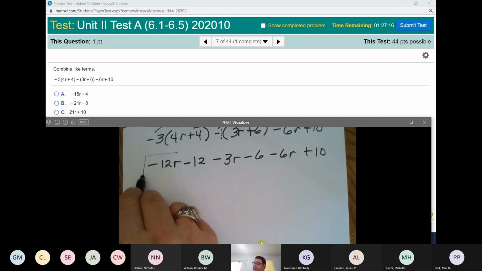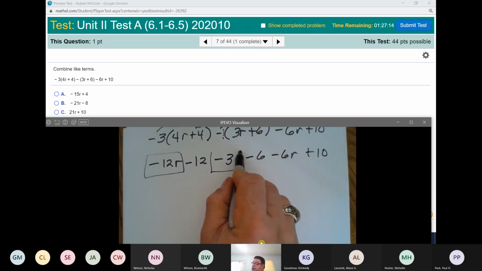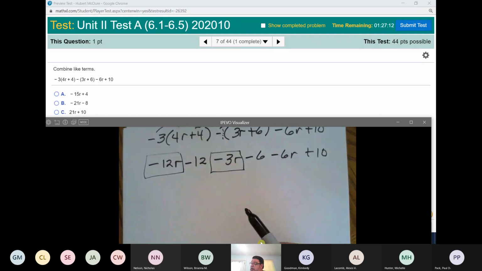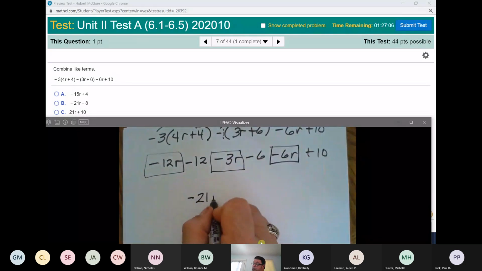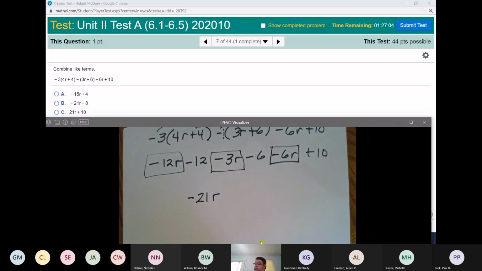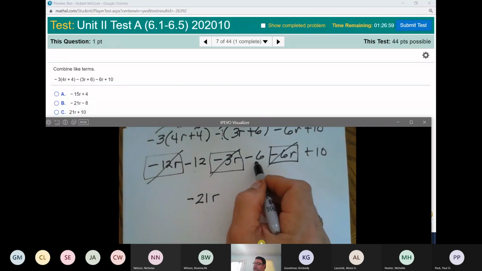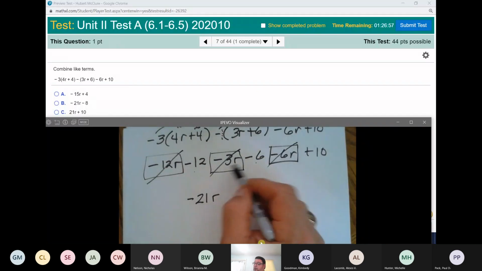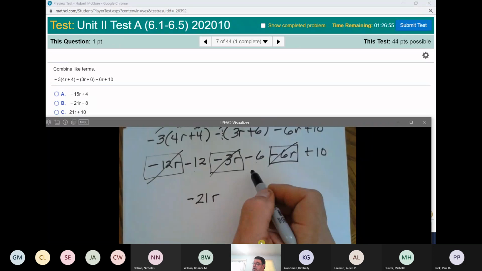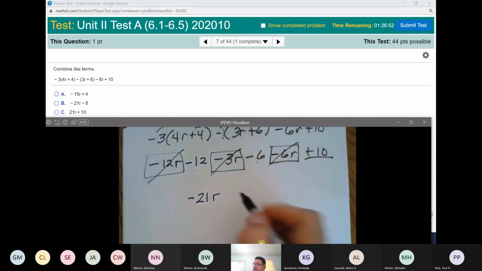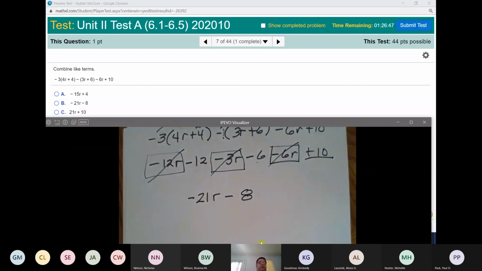Negative 12r minus 3r is negative 15r. Minus 6r is negative 21r. You owe 12, you owe 6, you owe 18. If you owe $18 to somebody and you give them 10, how much do you still owe them? You still owe 8. So negative 21r minus 8.